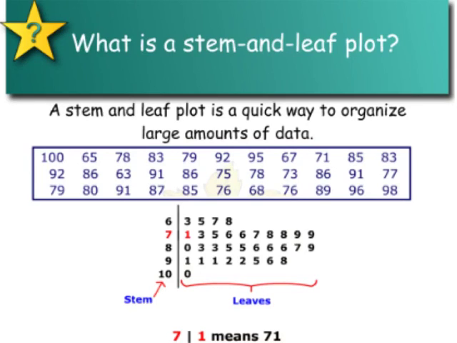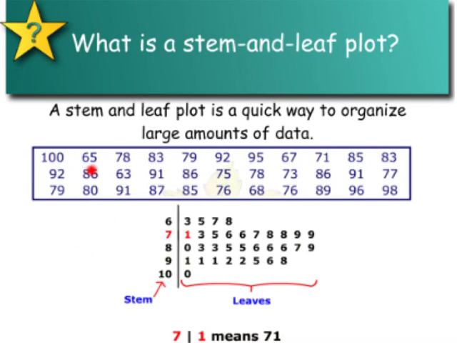A stem and leaf plot is a quick way to organize large amounts of data. On this particular stem and leaf plot, you've got your stems, because the numbers range anywhere from 63 as the lowest to 100 as the highest. Most of these are two-digit numbers.